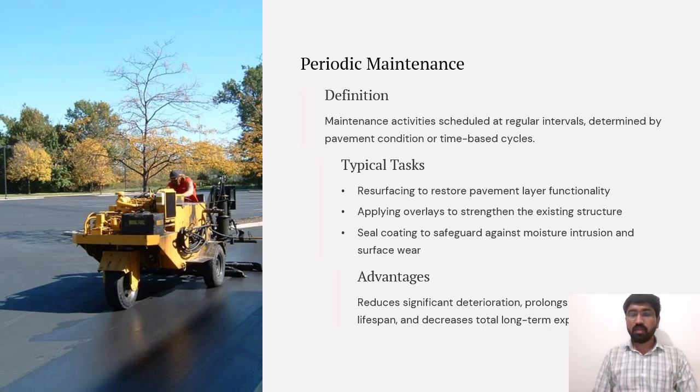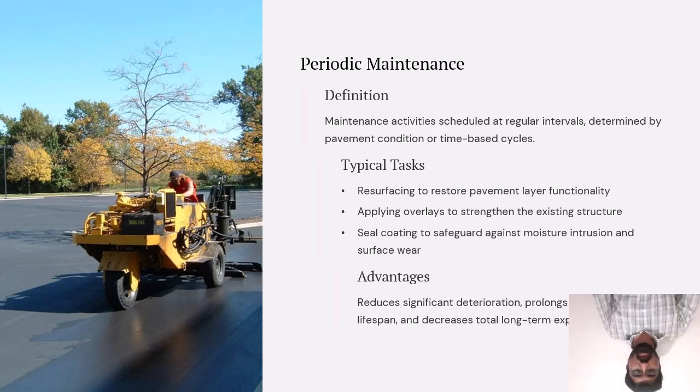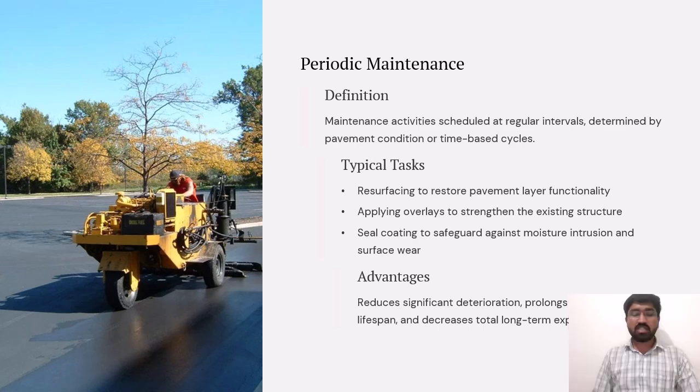The advantage is that it reduces significant deterioration, prolongs pavement lifespan, and decreases total long-term expenses. For example, scheduling resurfacing every 5 years maintains a smooth ride and reduces fatigue cracking. This extends the pavement's life by decades.